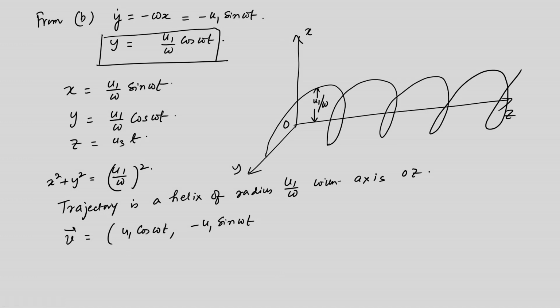We have calculated the ux, that is dx/dt, and dy/dt, and this is like a u3. So, this V becomes a constant because of the sine square. This is like Vx square plus Vy square plus Vz square, and Vx square plus Vy square gives a simple u1 square plus u3 square, and this is nothing but a constant.